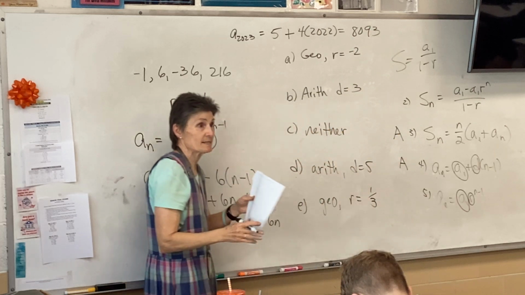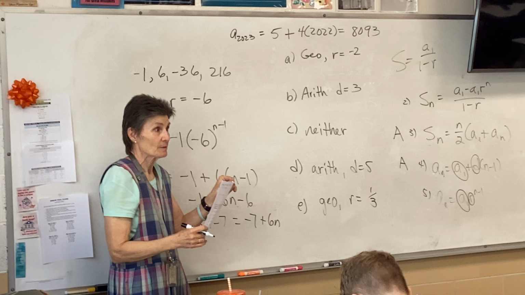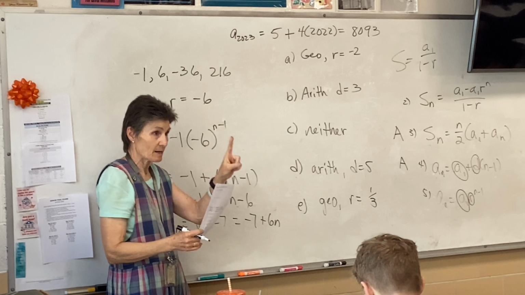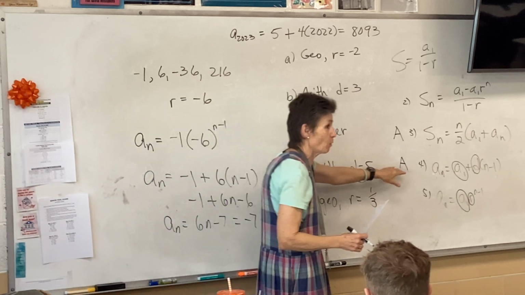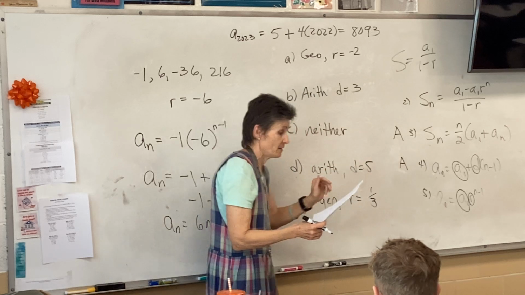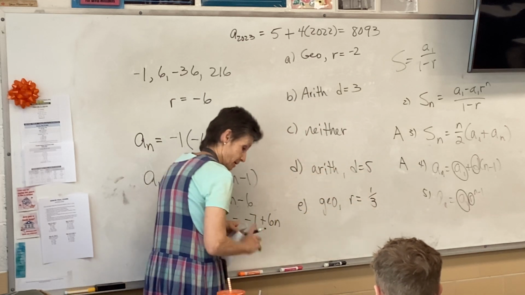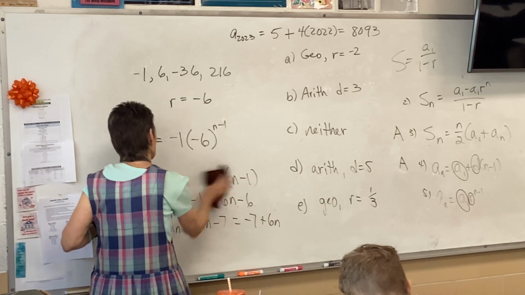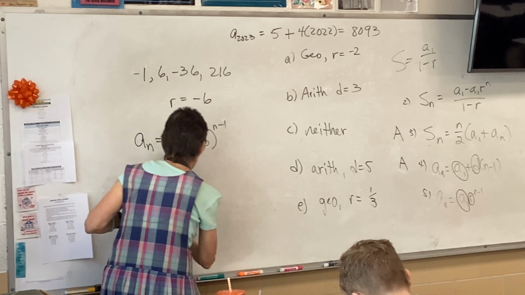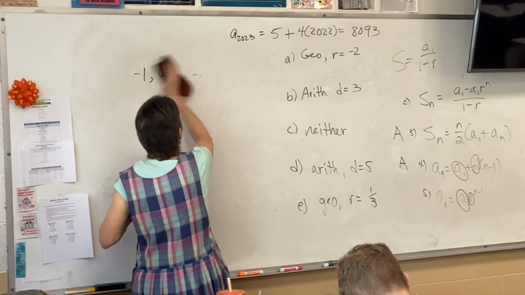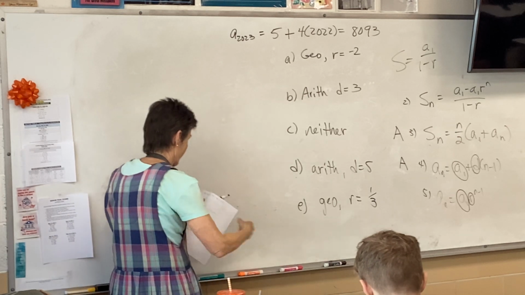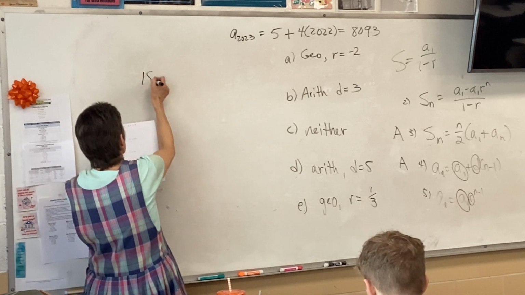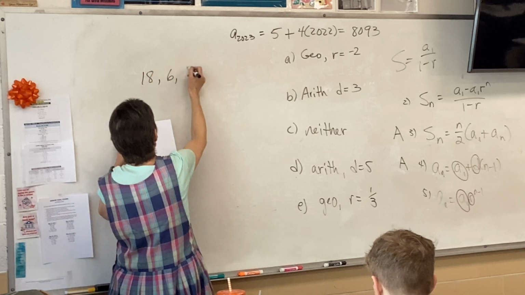That was easy. Is everybody good on that one? You had to see it was arithmetic. You had to pick your formula, but then you just plug stuff in. Okay, I think the next one is just about as easy. What kind of sequence do we have here?